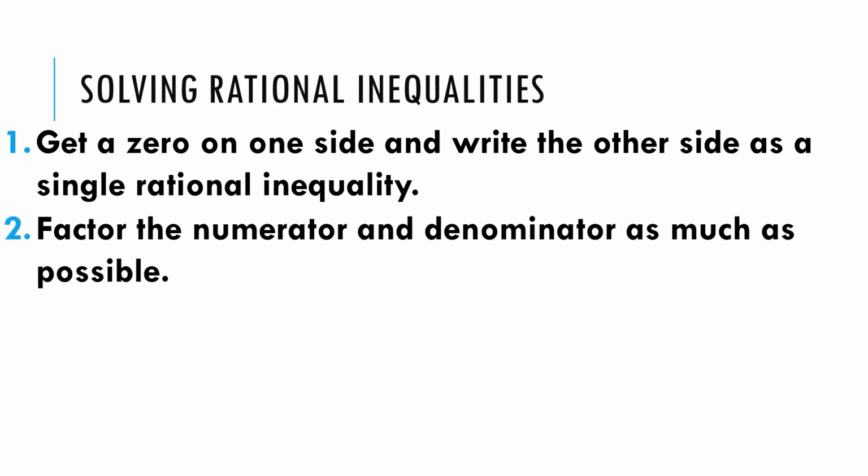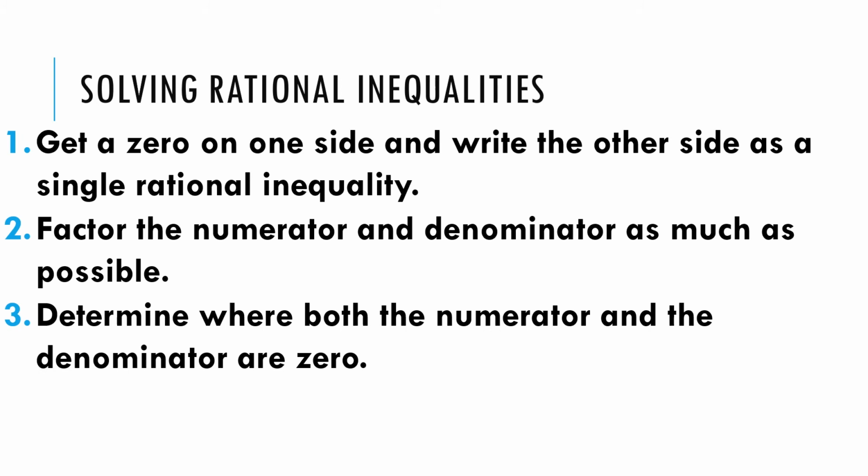Number 2, factor the numerator and denominator as much as possible. Number 3, determine where both the numerator and the denominator are 0. And number 4, make a number line.